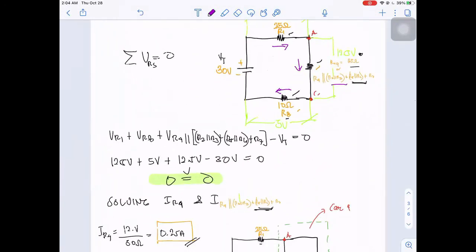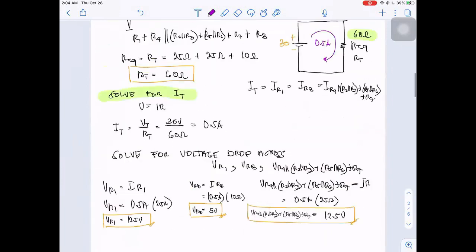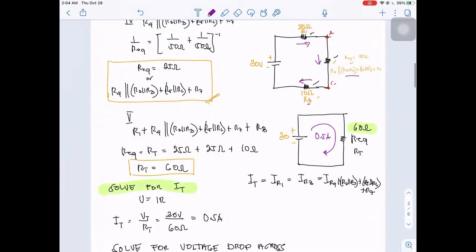Since we already know that the current flowing in this circuit is 0.5, and since this is series, from the simple equivalent circuit, 0.5 ampere is the same current that is also flowing here, which is R8.